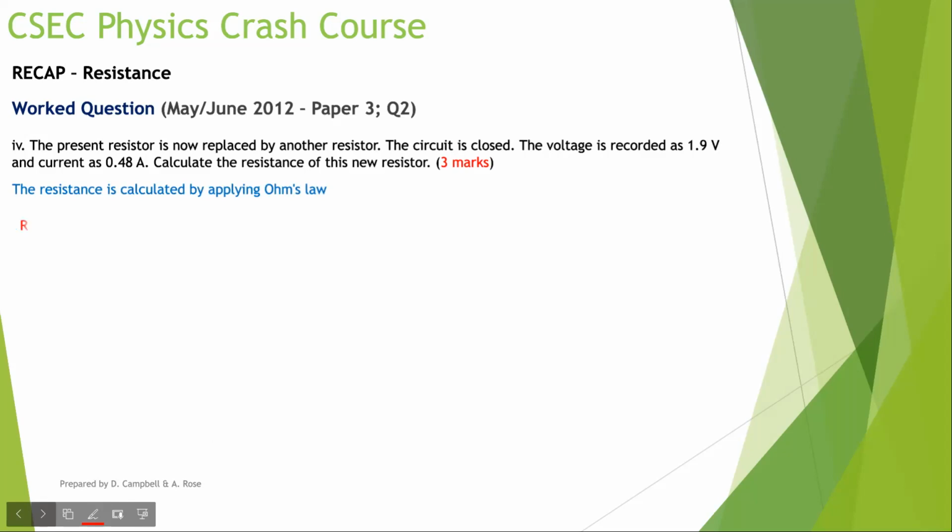Resistance is equal to the voltage divided by the current. So we would divide 1.9 volts by 0.48 amps, and that would give us a value of approximately 4 ohms. It would be 3.9 something. We can round to two significant figures, and that would be 4 ohms.